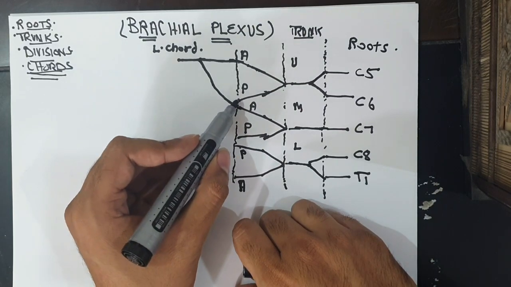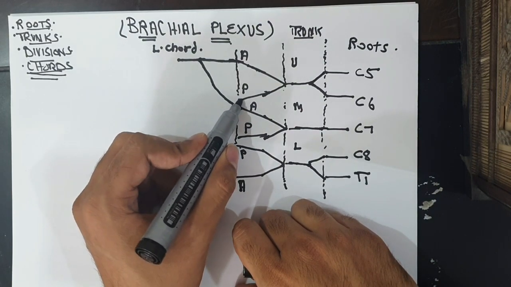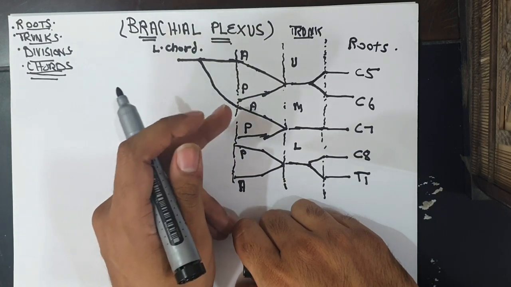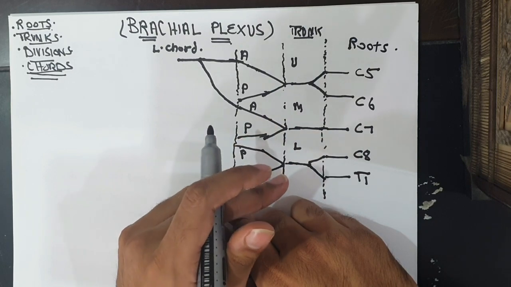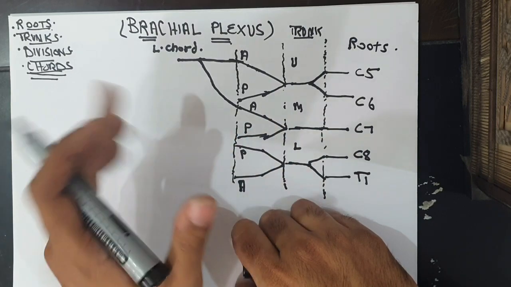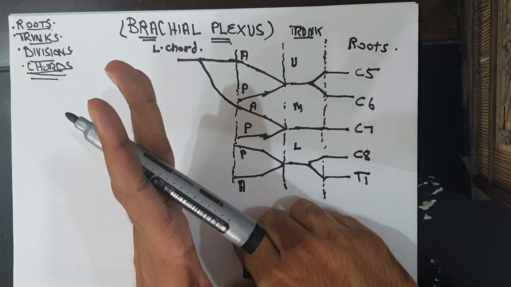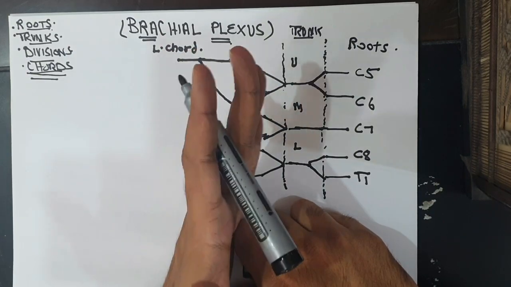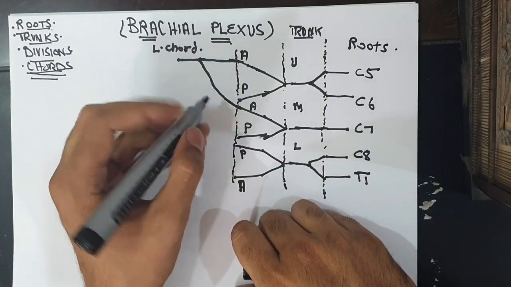Now we move on to the posterior cord. The posterior cord is simply a combination of the posterior divisions of all the trunks, the upper, middle and the lower. I repeat my words. The posterior cord is actually a combination of the posterior divisions of all the three trunks that you see here, upper, middle and lower.